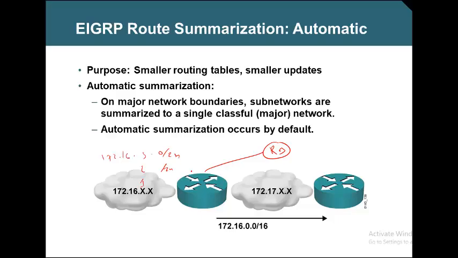Detailed subnets. But only to this router beta, I want a summary route. Then I cannot rely on this global summarization. I need to manually do this under this particular interface.